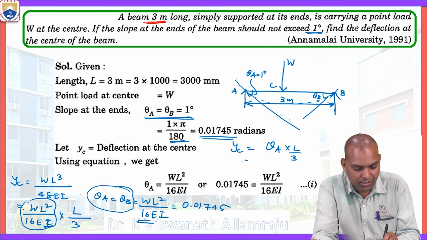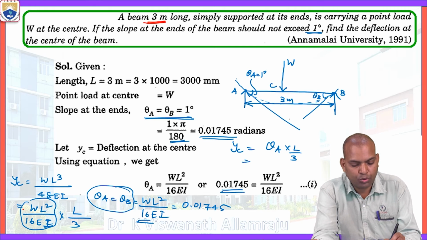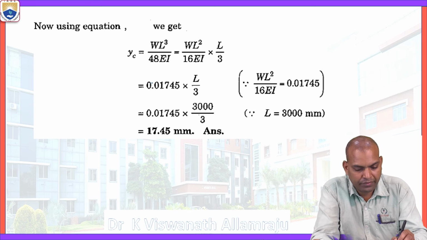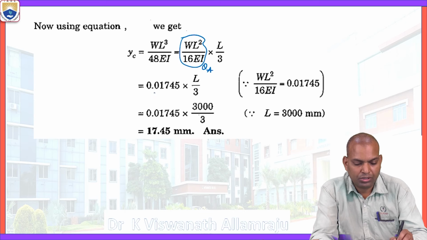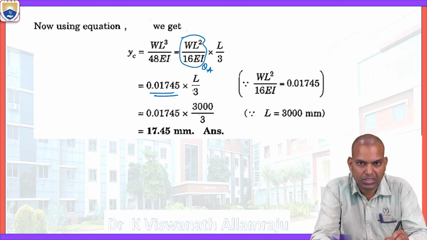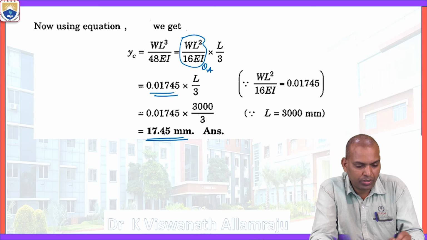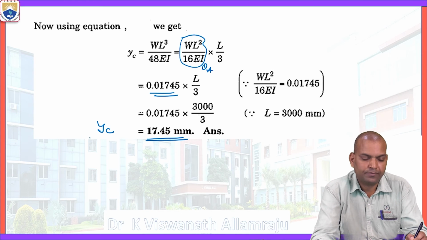What is theta A here? Theta A is already known, 0.01745. So 0.01745 times L, where L is the span between the two supports, 3000 millimeters. 3000 by 3 gives a deflection of 17.45 millimeters.